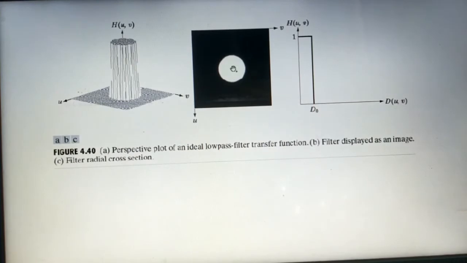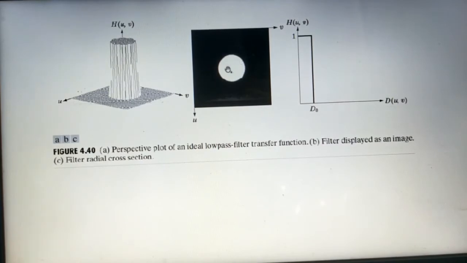As you move away radially outwards from the point p by 2, q by 2, the frequency is increasing.